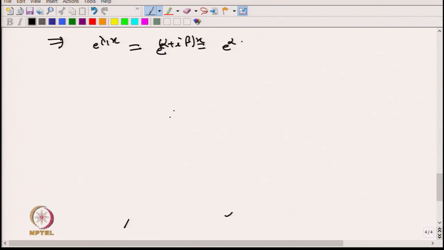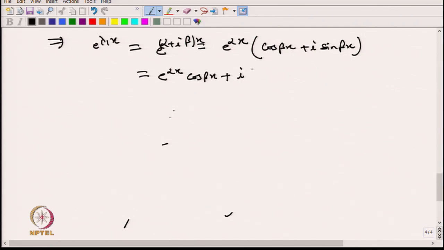So, it is e alpha x, and then cos beta x plus i sin beta x. So, from here I get e alpha x cos beta x plus i times e alpha x sin beta x.